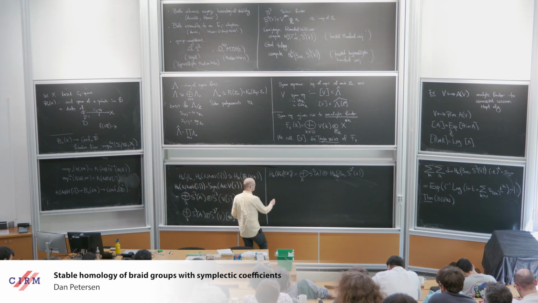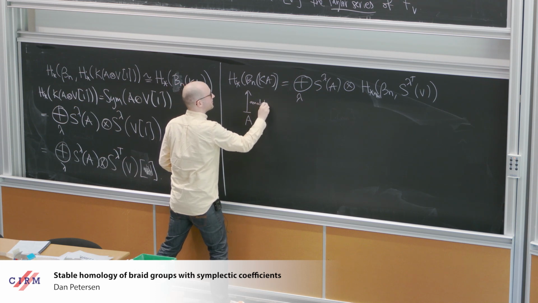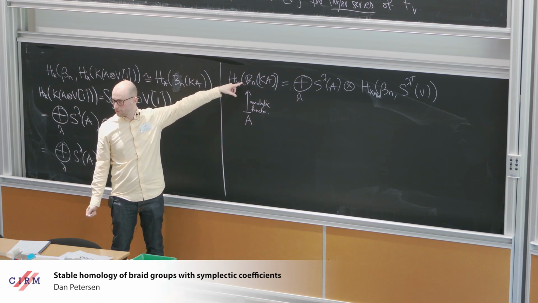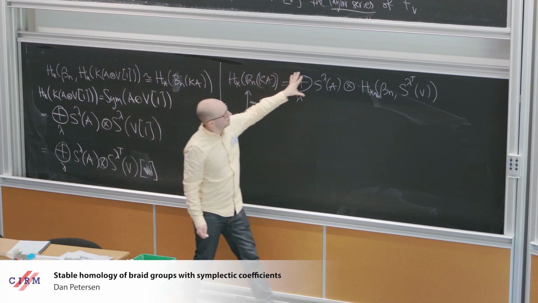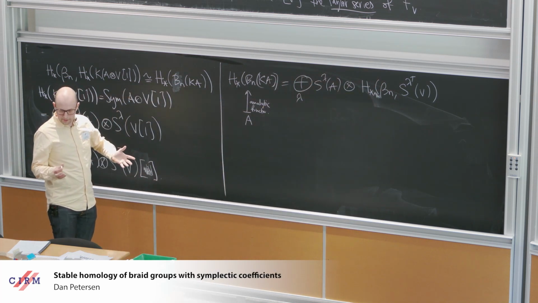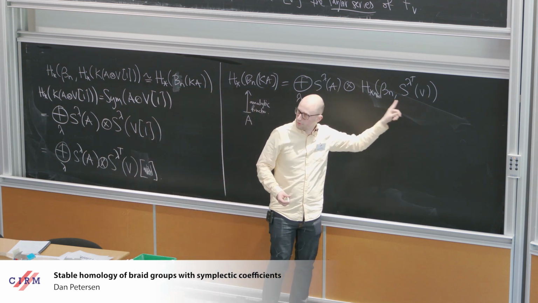It means that this is an analytic functor. You see, I've manifestly written this homology group as an infinite direct sum of Schur functors, and that is what an analytic functor is. And this is even better, because the Taylor coefficients of this analytic functor are the homology groups we're trying to compute.